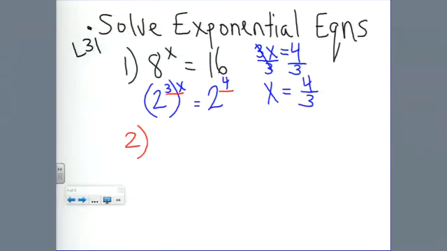Let's look at another exponential equation to solve. We have example 2: 3 to the 2x minus 1 power equal to 27 raised to the x plus 4 power.